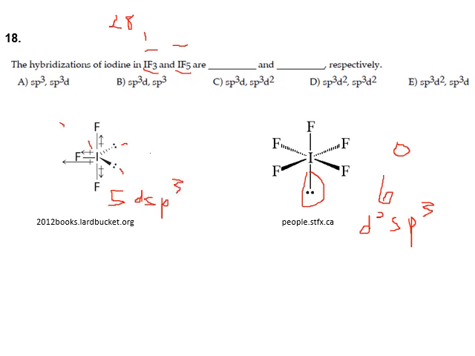So we need an answer choice that has dsp3 and d2sp3. And the way that he writes them here is he writes it sp3d and sp3d2. It doesn't matter which way you write it. It looks like our answer choice is going to be C here.